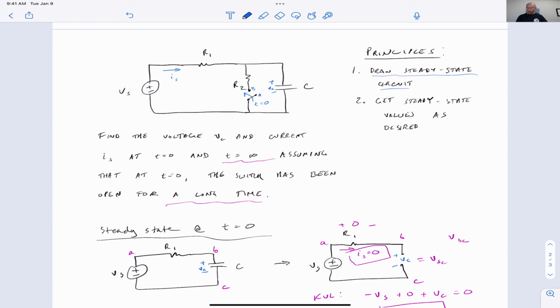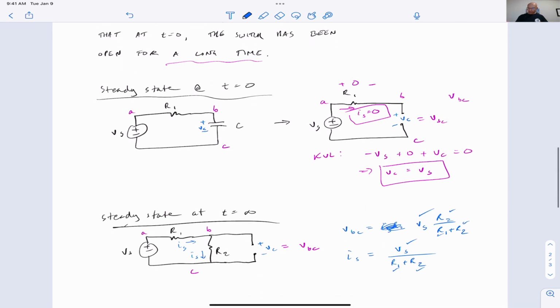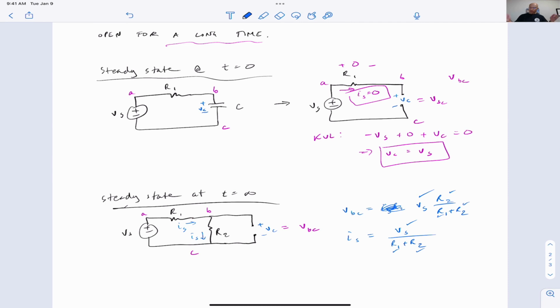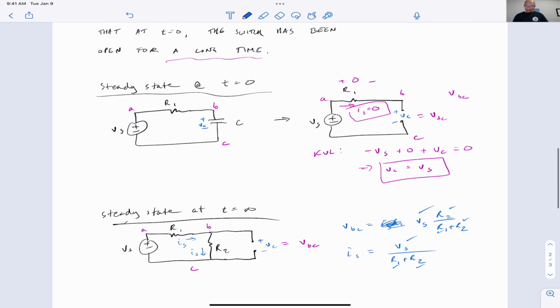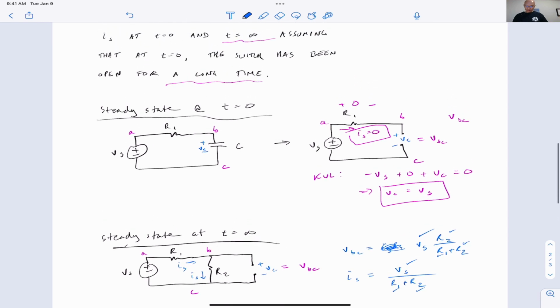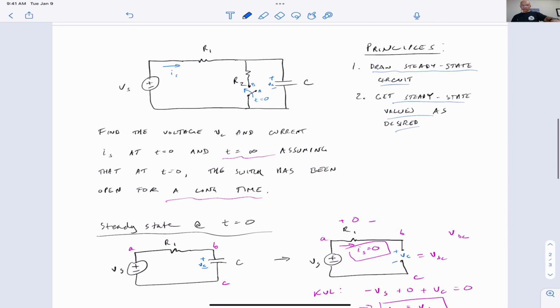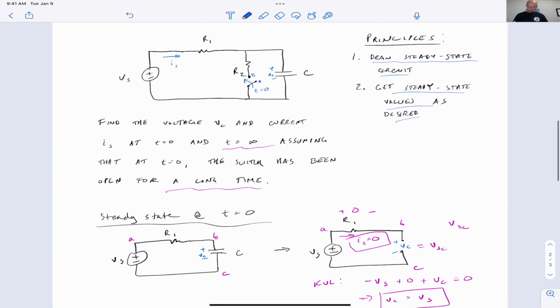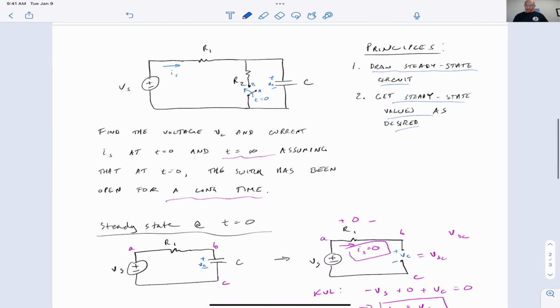It helps you make sure you know what's going on and analyze it properly. Then you get the steady state values as desired, just like I showed you. Sometimes you want a current, sometimes you want a voltage, maybe it's a power even. But steady state analysis is pretty straightforward. Just follow the steps, look for the keywords long time, and you should be all right.